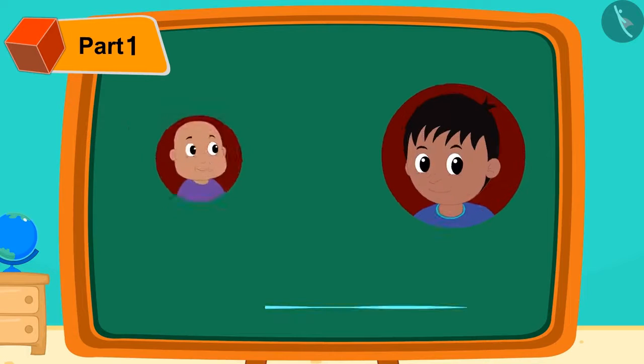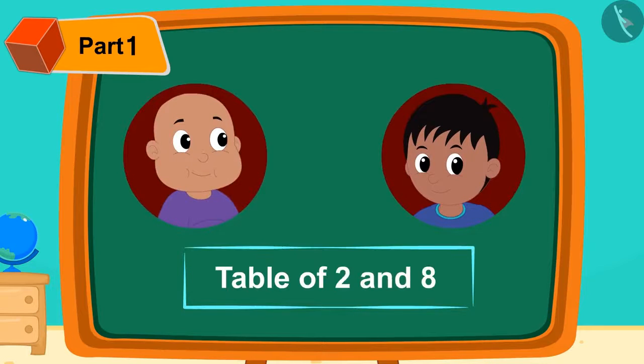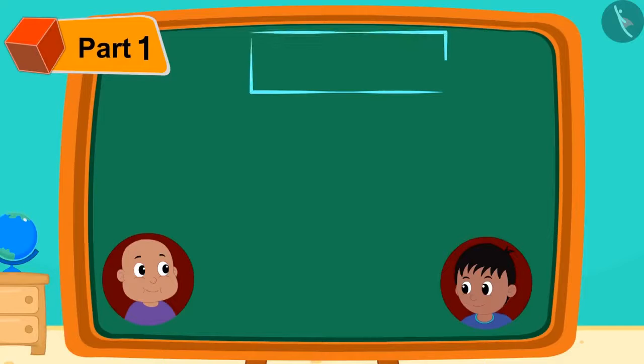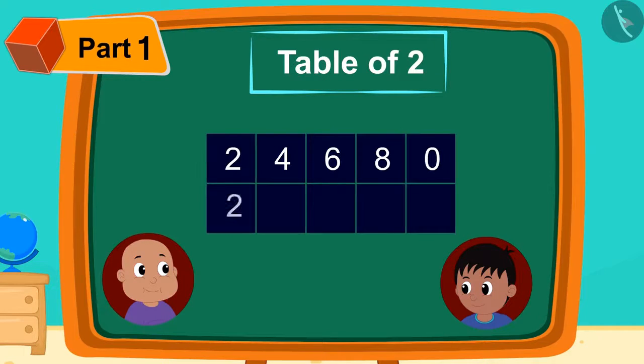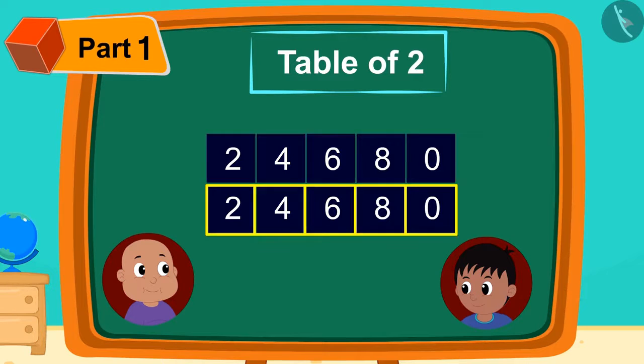First, Raju is teaching Bablu the easy way to memorize the tables of 2 and 8. Raju is first referring to 2's table. He wrote these patterns in a table: 2, 4, 6, 8, 0 in 2 lines.